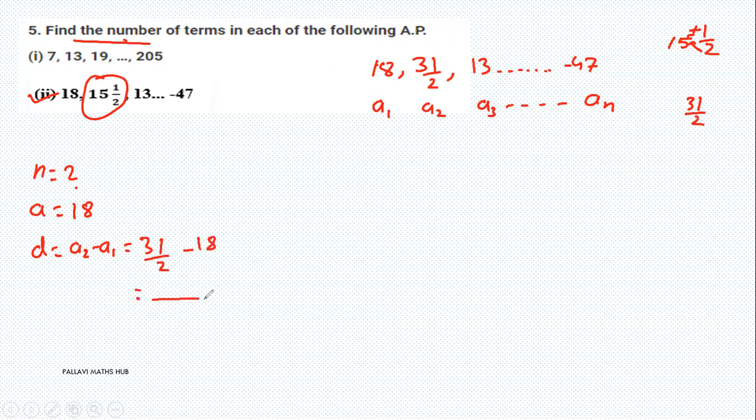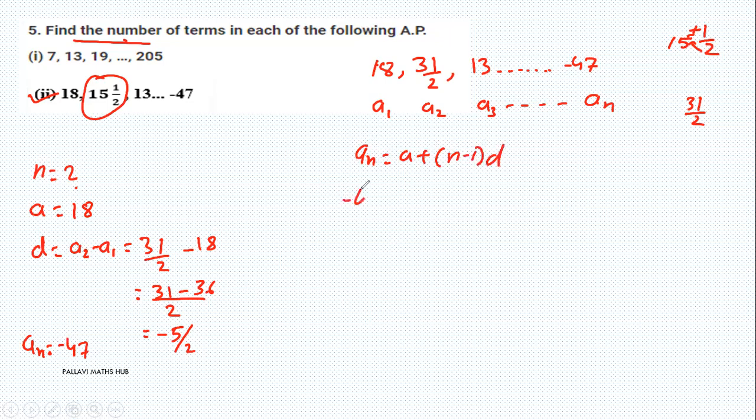Now take the LCM. 2 is the LCM. Here 31 minus 18 twos are 36. 31 minus 36 is minus 5 by 2. Yes, D value is minus 5 by 2 and AN is equal to minus 47. Yes, we know the formula AN is equal to A plus N minus 1 into D.